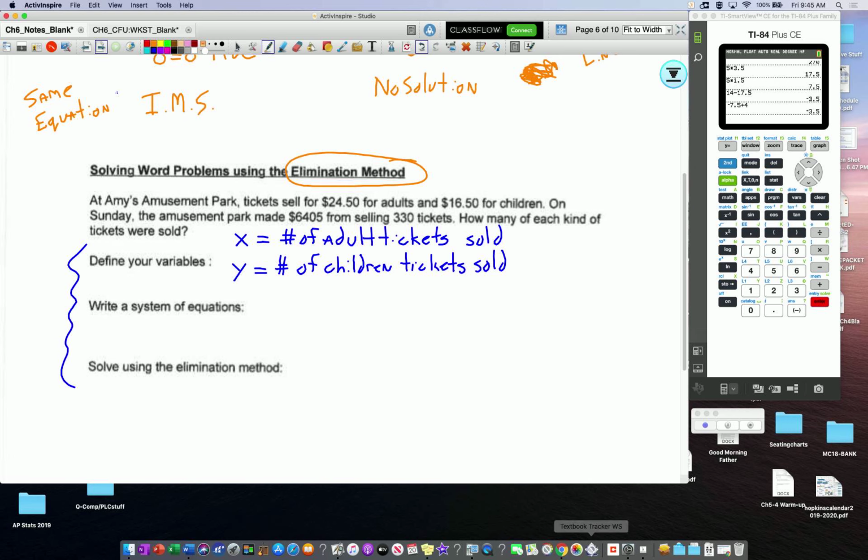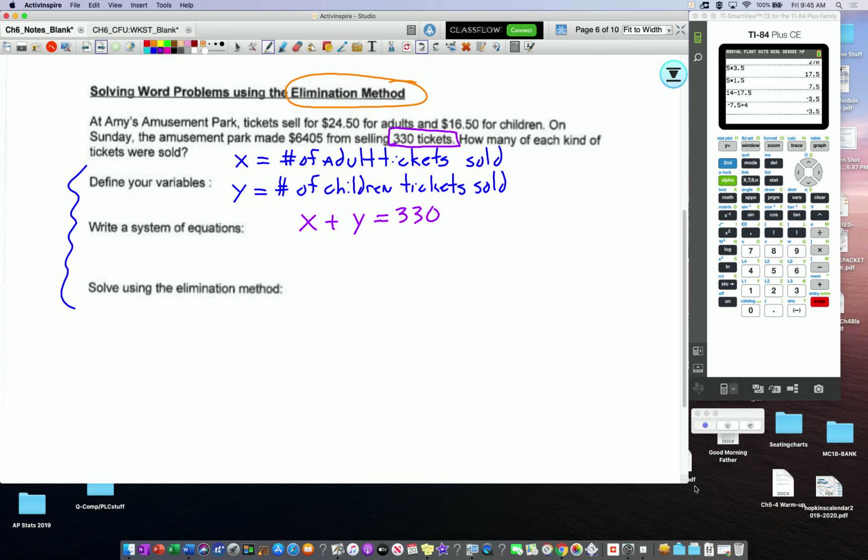All right, so now I need to write a system of equations. One is going to deal with the total number of tickets sold. So the number of adult tickets, X, plus the number of children tickets, Y, combined have to equal 330. Now the other one deals with the money.